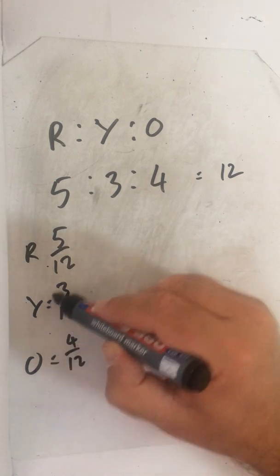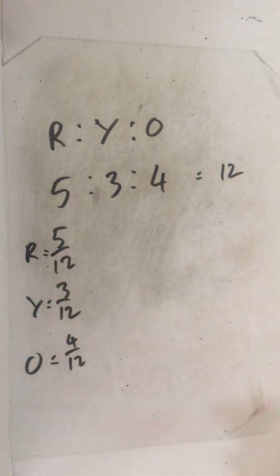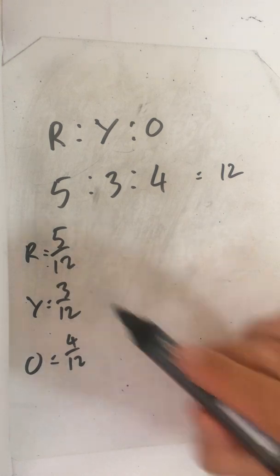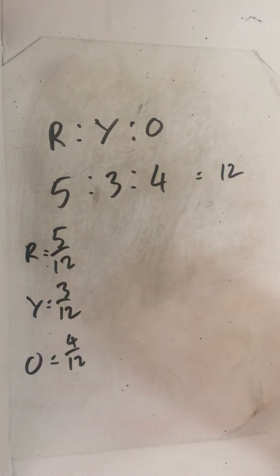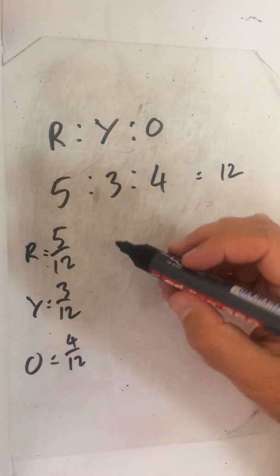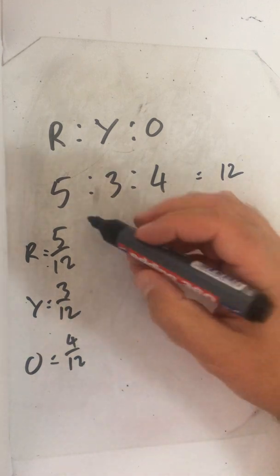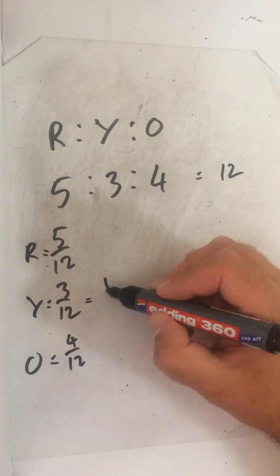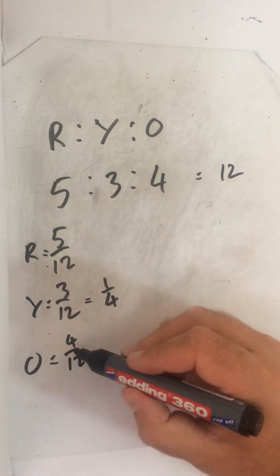Now in this one I'm just going to do the fraction. It's not telling me to do the fraction and percentage, so I'm just going to do the fraction, because over 12 is quite a difficult one to do into a percentage. Although in fact these two aren't too bad. So can I simplify that? Yeah, 3 goes into both, so I'm going to do my simplest form.